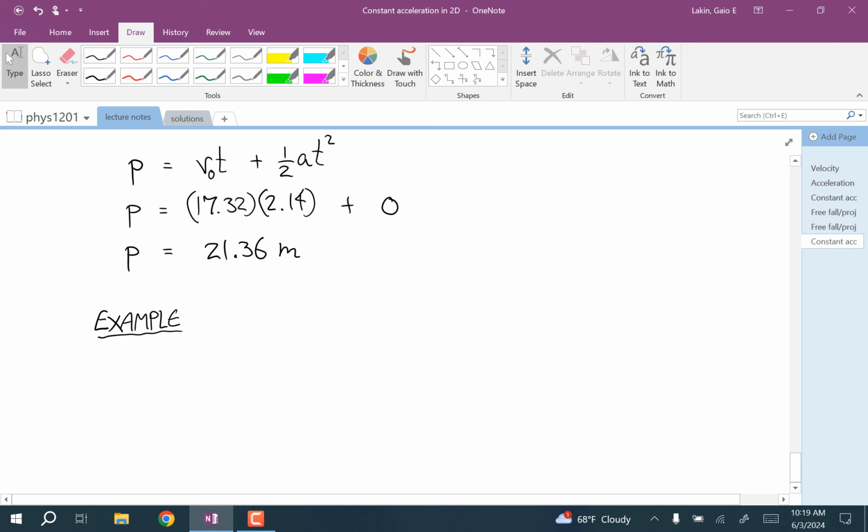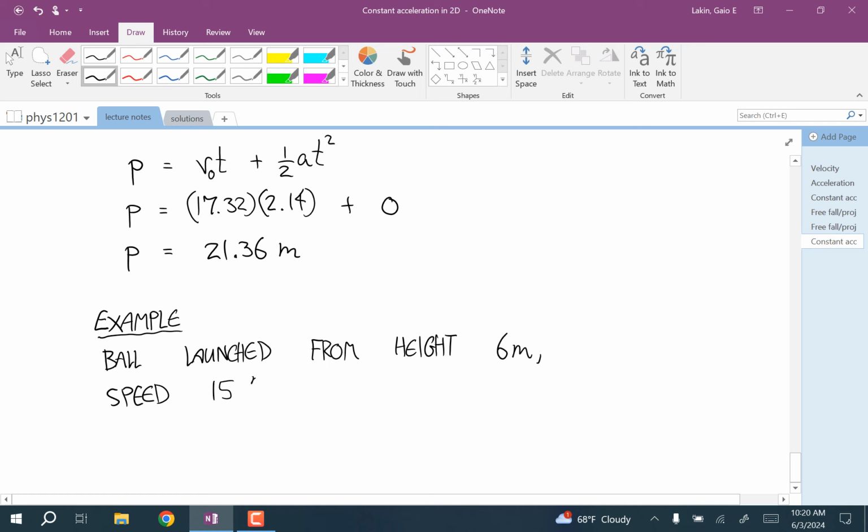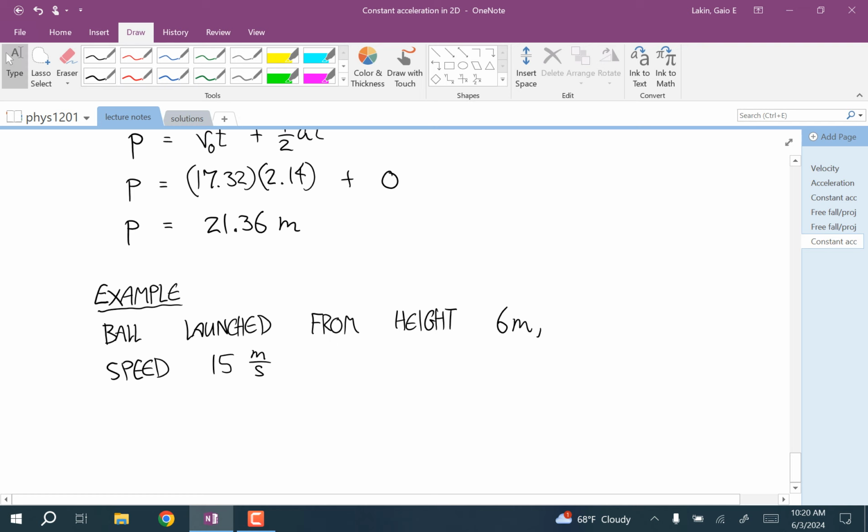So let's say that we have a ball launched from a height of 6 meters with a speed of 15 meters per second, and at an angle 60 degrees above horizontal.